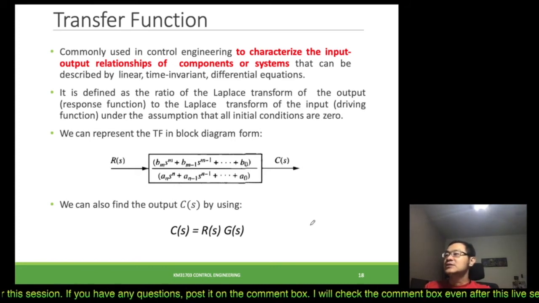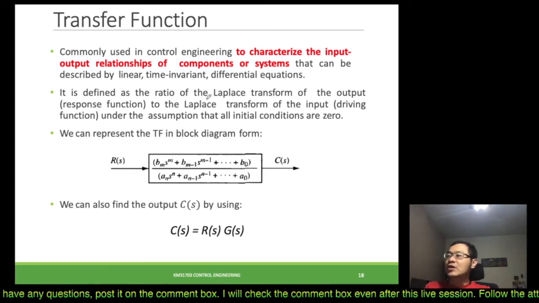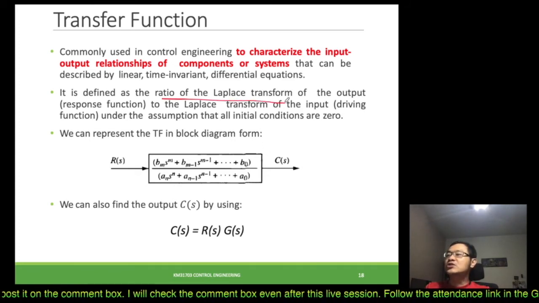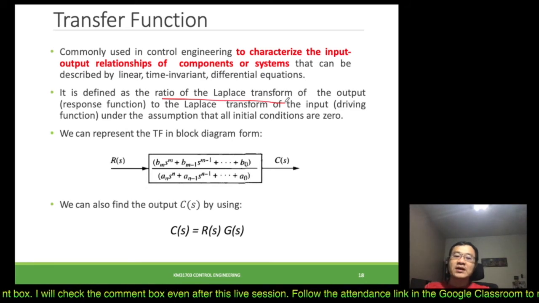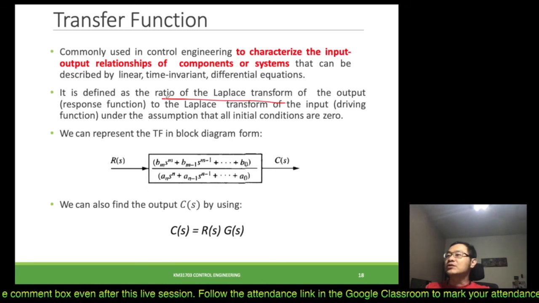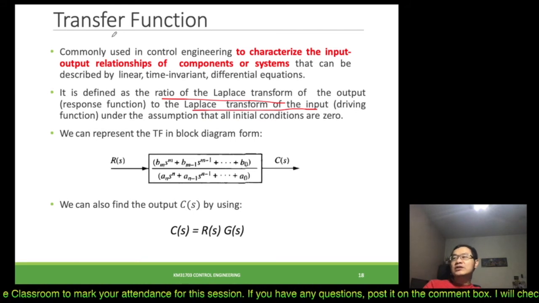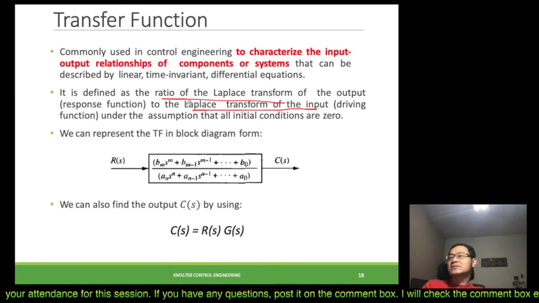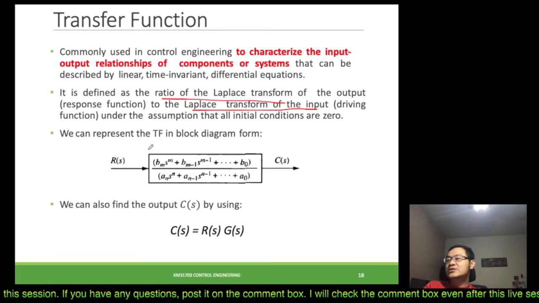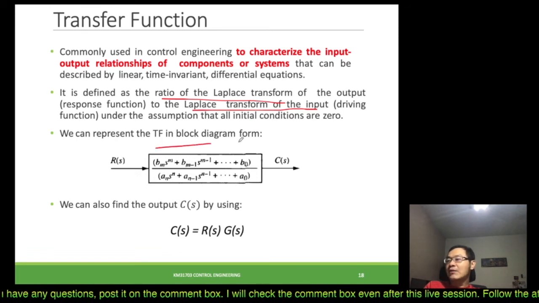Okay, so here we would always prefer to use a ratio of the Laplace transform of the output, the response, to the Laplace transform of the input, to represent or to define these transfer functions, meaning to say this would be our ratio.